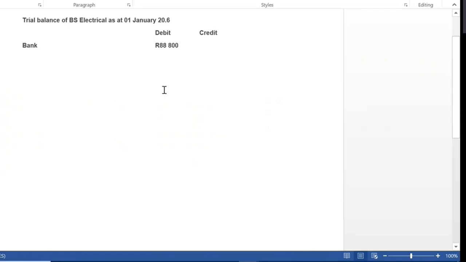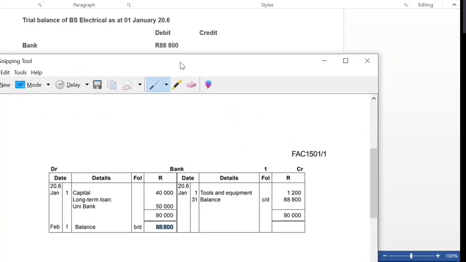One thing I want you to notice with this general ledger account: the balance is on which side? It's on the debit side. And when you take this balance to the trial balance, where is it?